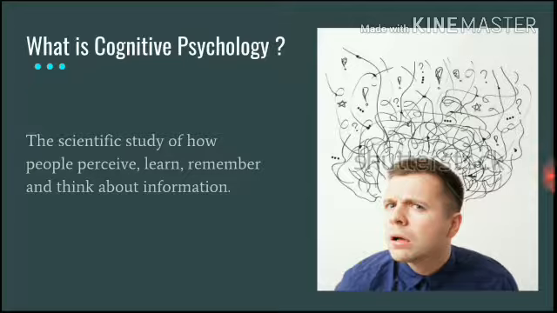So, if we believe that cognition has to do with thinking, then how do all of these other factors come into the role of cognitive psychology, whether it be perceiving, learning, remembering, right? So let's take a look at how cognitive psychology came into the picture.